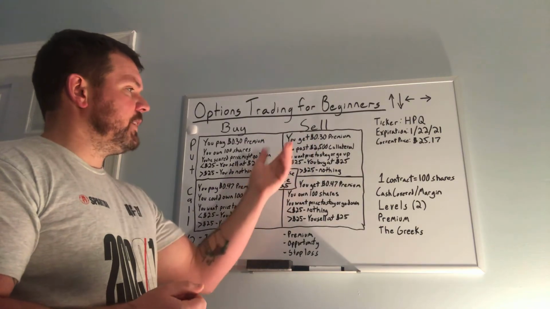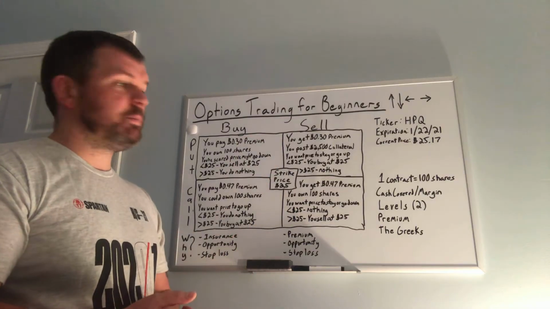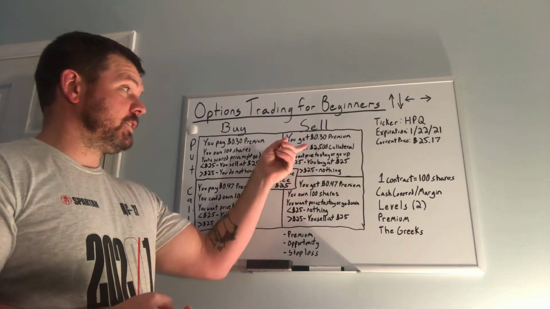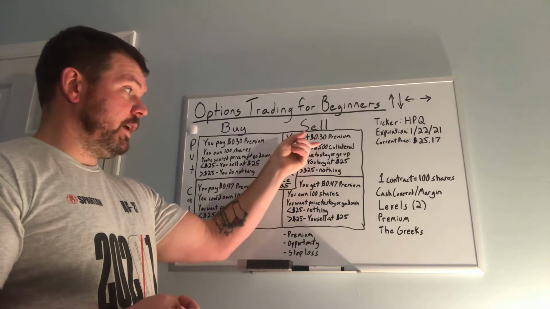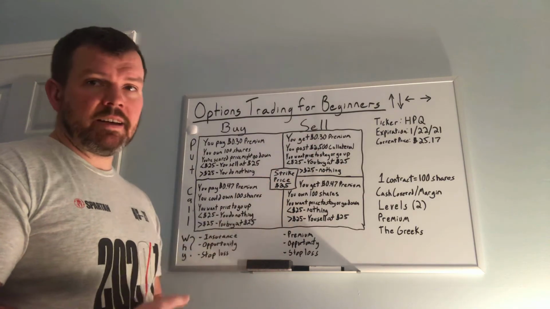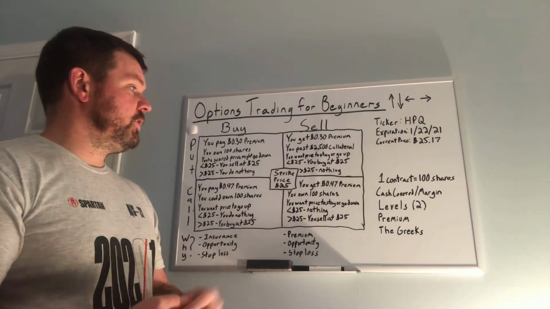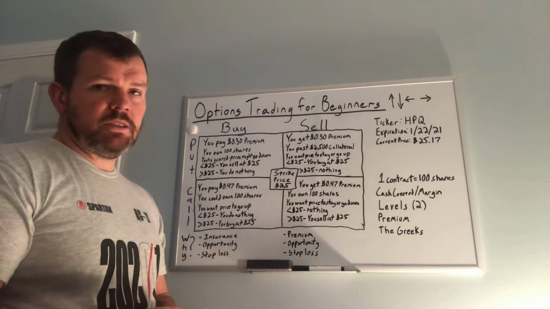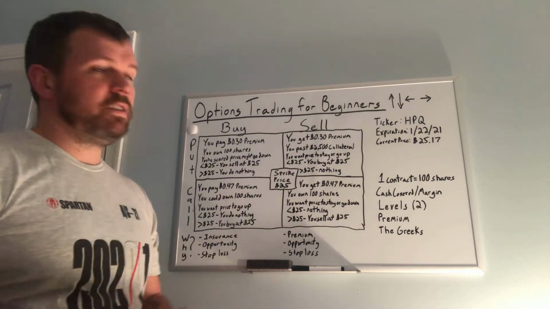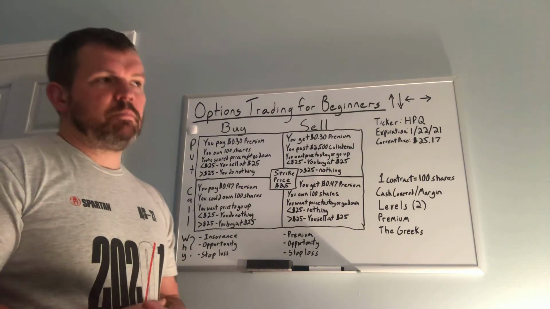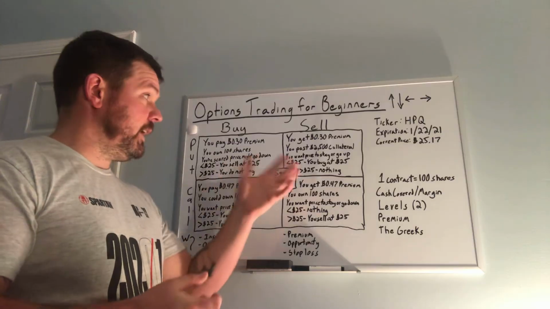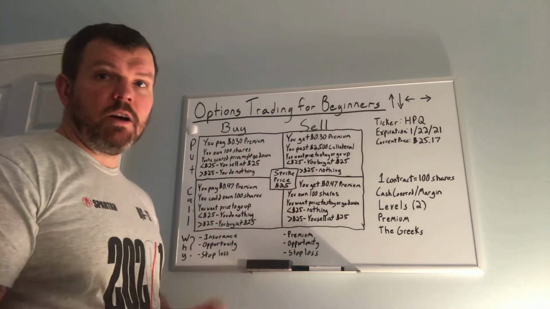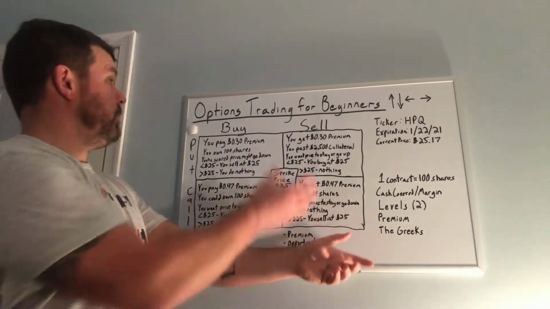So what happens if it's less than $25 at expiration? Then you actually don't get your collateral back and that money goes towards this stock. So you buy 100 shares of this stock at $25 regardless of what the current stock price is. So you're buying it from the buyer, if that makes sense. I know it's very confusing. You're buying it from the person who bought the put.